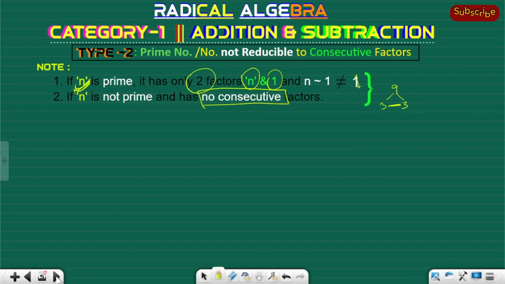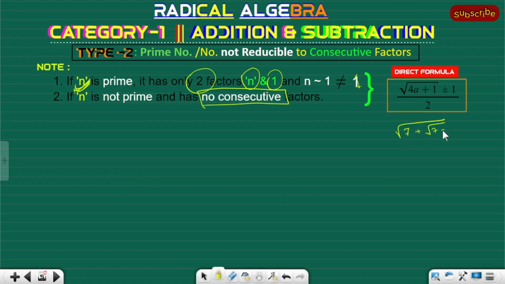So in this case what we do is we either follow the direct formula, say prime number 7 plus root 7 and so on up to infinity. So this is a prime number, so we cannot have 2 consecutive factors. Here n is a, so the direct formula is 4 into 7 plus 1, under root, plus or minus 1.